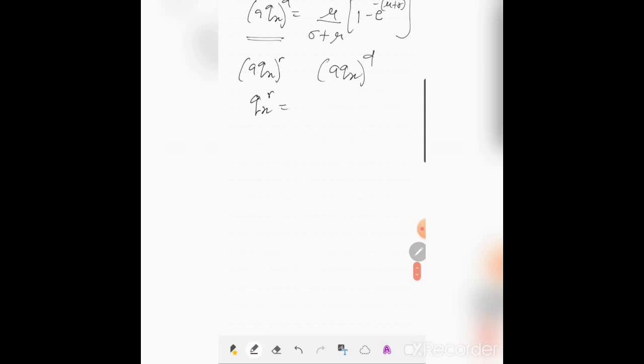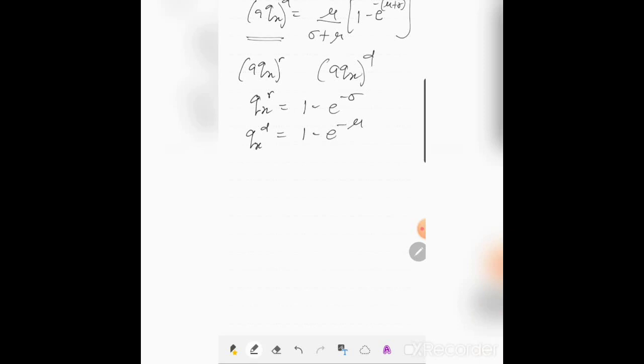So if I'm talking about qx of R, I'll take it as e to the power of minus sigma. Similarly, qx of D, I'll call it 1 minus e to the power of minus nu.